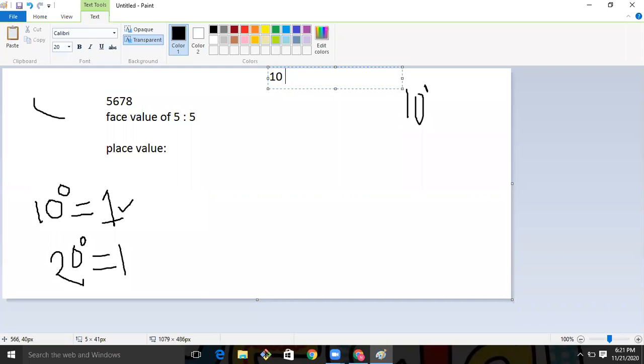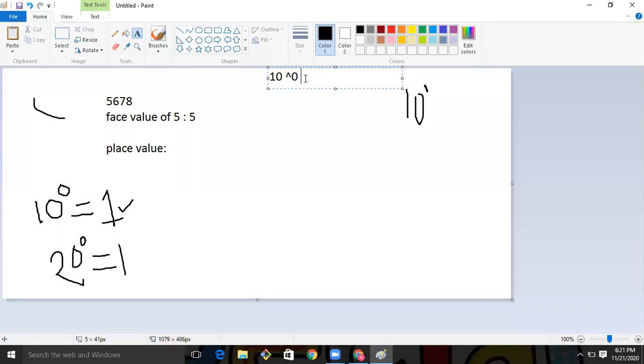Just you have to understand that I am writing like this because it's a text system and we have some limitations. So 10 power 0 means it is 1.